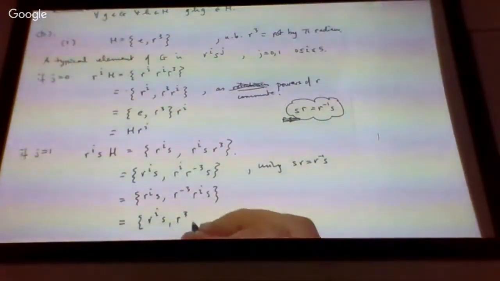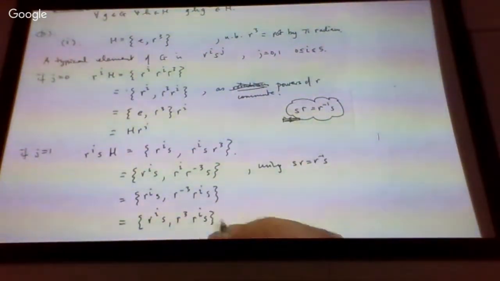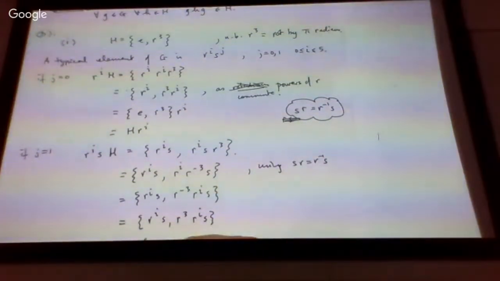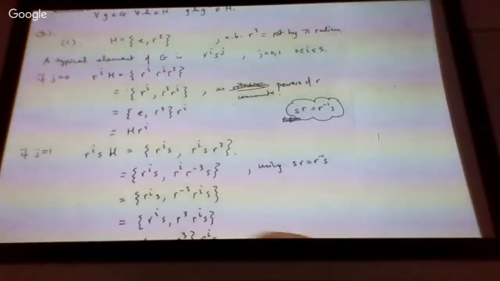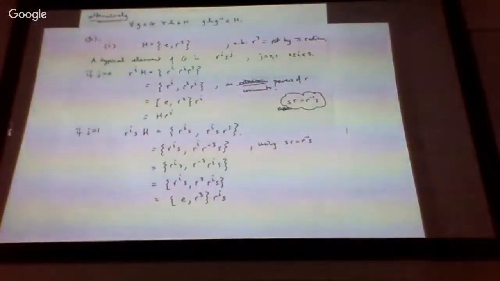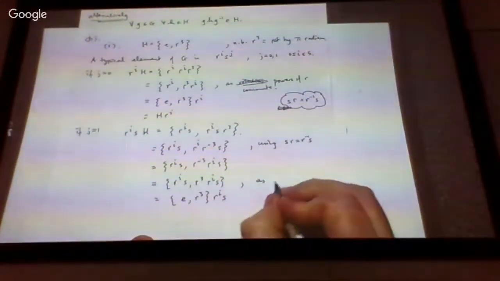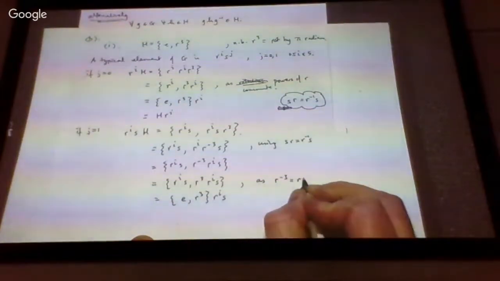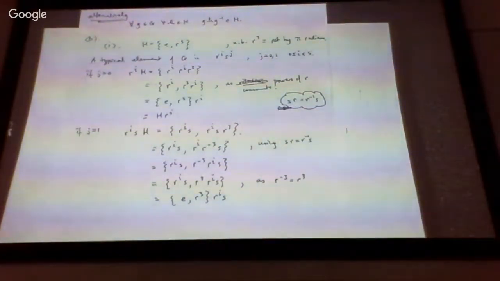So that's just r cubed itself. And now you can factorize out the r to the power i s out to the right-hand side. So maybe a little bit of justification here: r to the minus 3 equals r cubed, since r cubed is its own inverse.